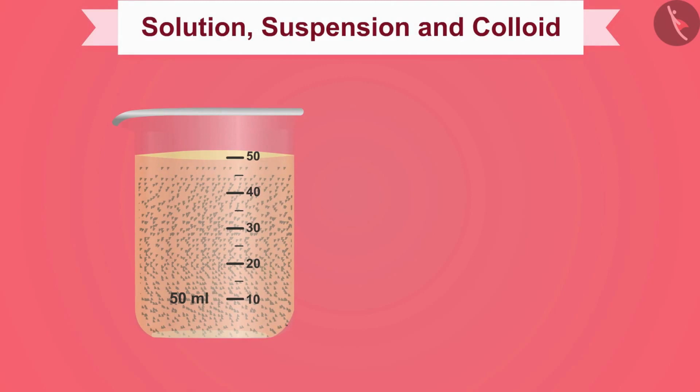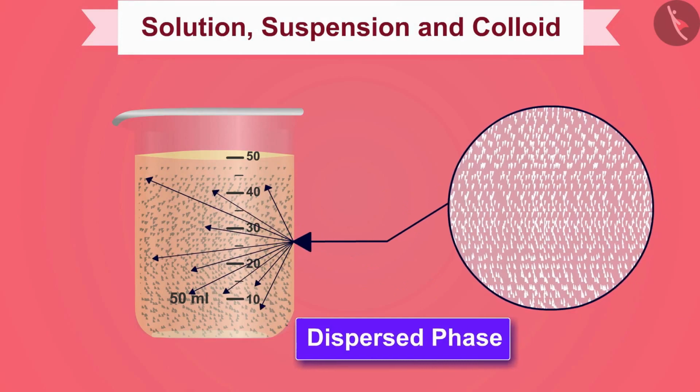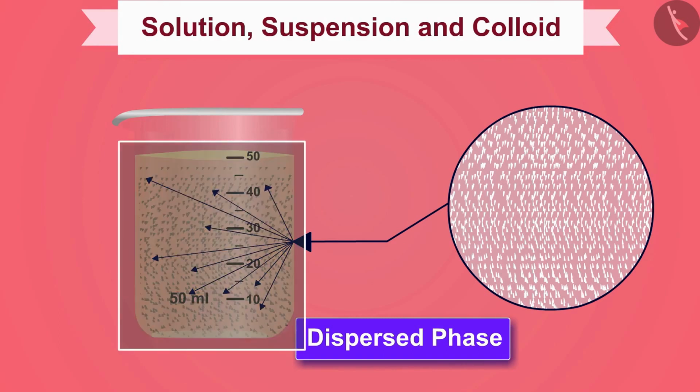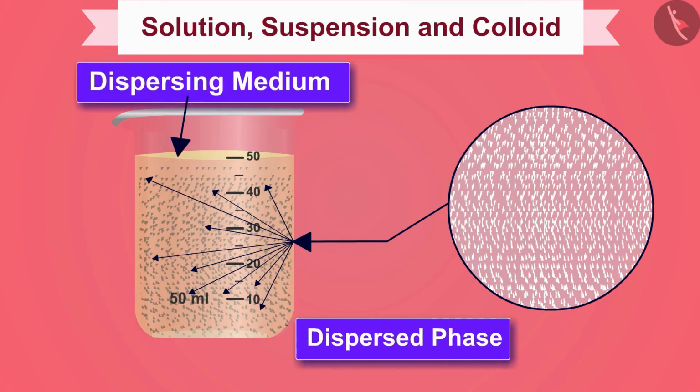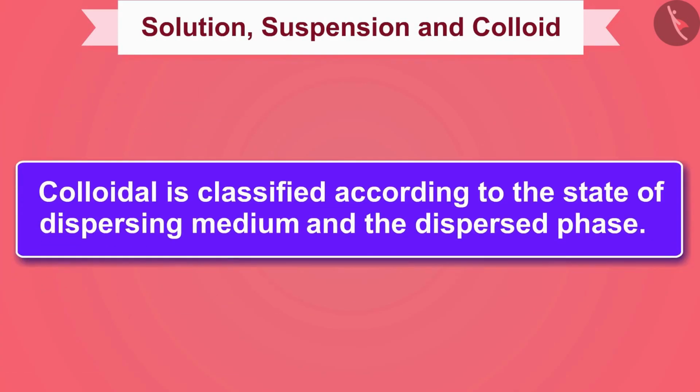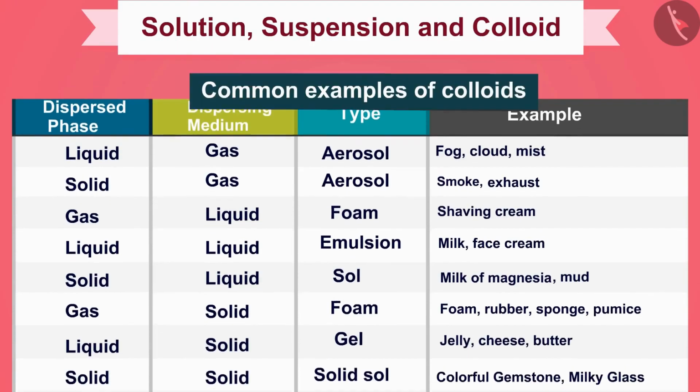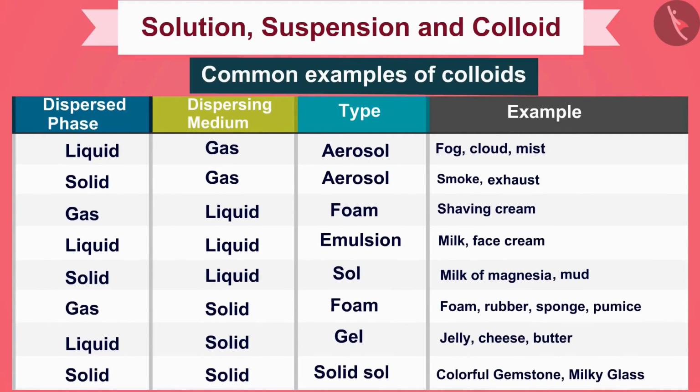The dispersed particle which remains in colloidal form is called dispersed phase. And the component in which the dispersed phase is suspended is called dispersing medium. Colloidal is classified according to the state of dispersing medium and the dispersed phase. Here, you can see some examples of this.